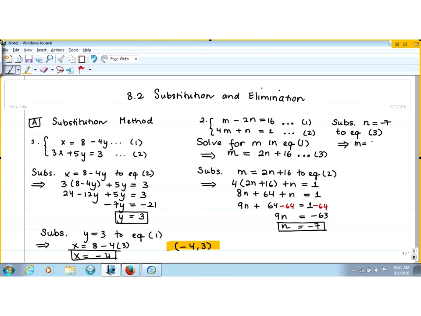So m is equal to 2n, 2 times negative 7 plus 16, which is negative 14 plus 16, which is 2. So if you want, you can write that negative 14 plus 16, or if not, you can just write directly m equals 2. So my solution would be 2 comma negative 7. Right? Okay. In ordered pair notation.